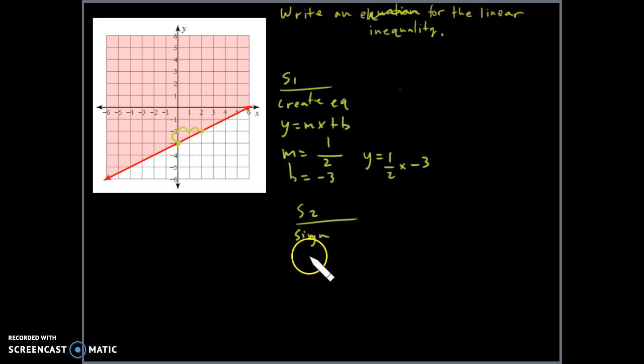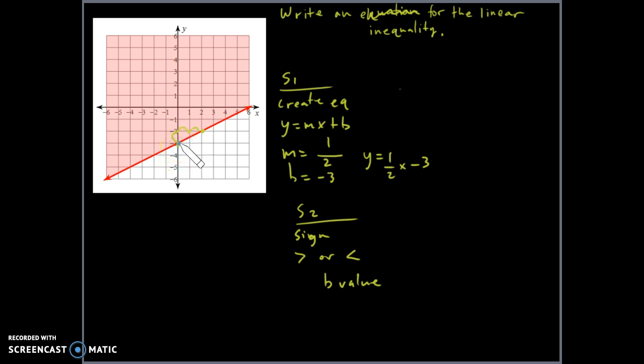Our second step is to figure out the sign. The first thing we want to do is figure out, is it a greater than or a less than? What we're going to do to figure this out is look at the b value. This is our y-intercept. So we look at the b value at negative 3.